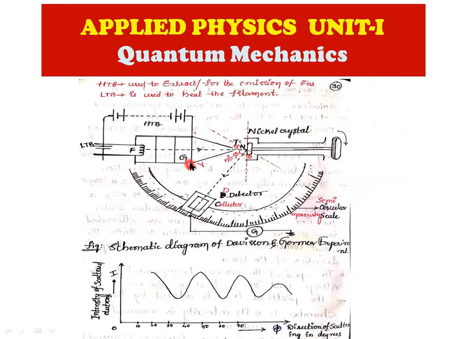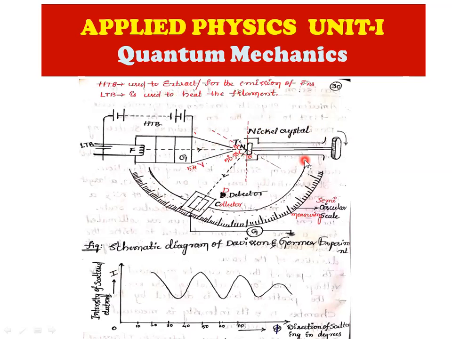An electron gun G has a filament cathode heated with a high tension, and a 54 volt potential is applied. High speed electrons are made to hit the target N, which is made up of a nickel crystal.